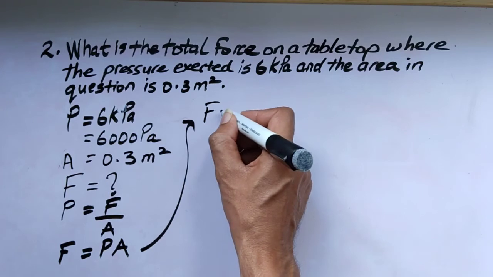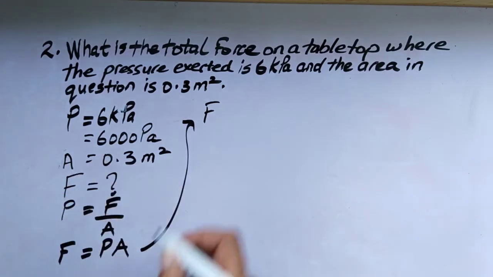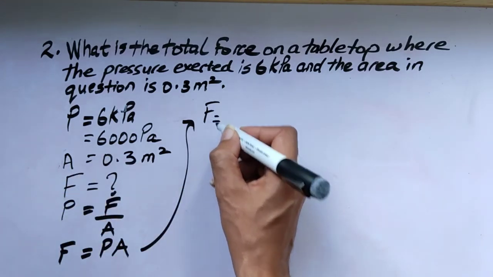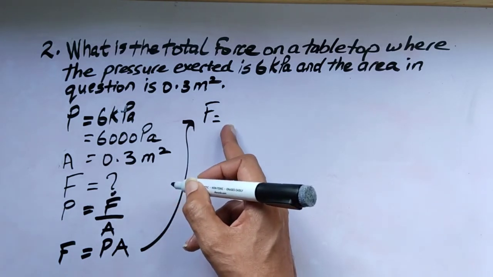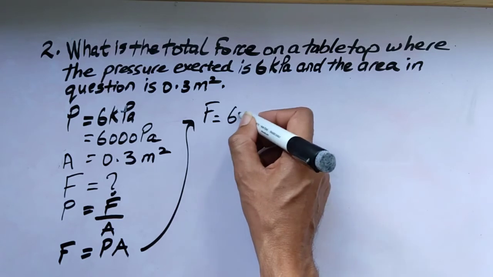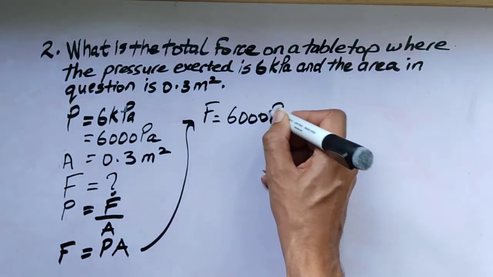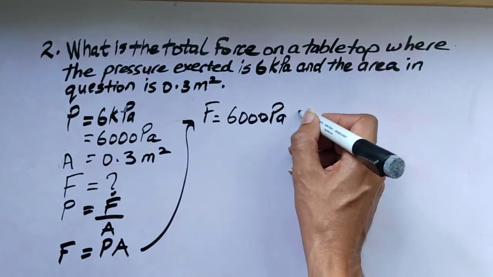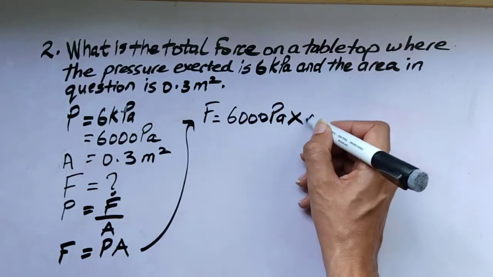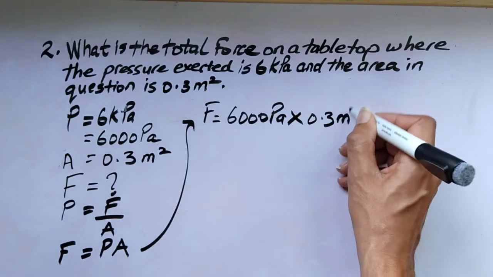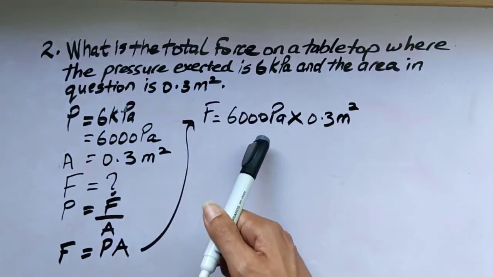We have the value for the pressure and area, so we could go right ahead and substitute the values. We'll be substituting 6,000 pascals multiplied by an area 0.3 meters squared. Now we must look at the units.